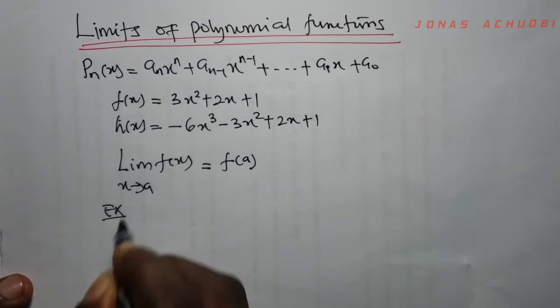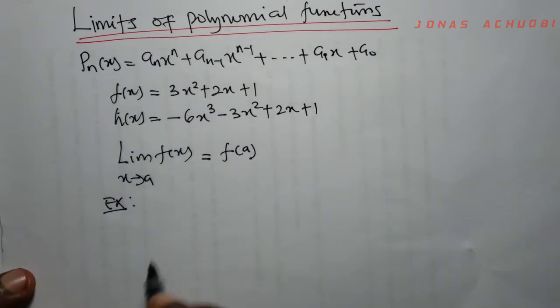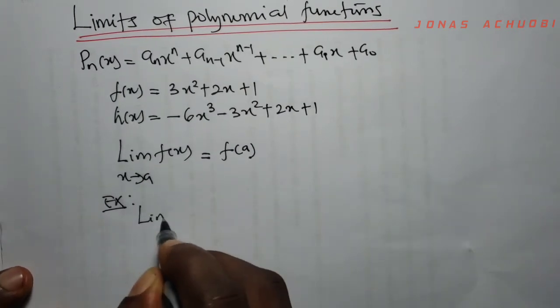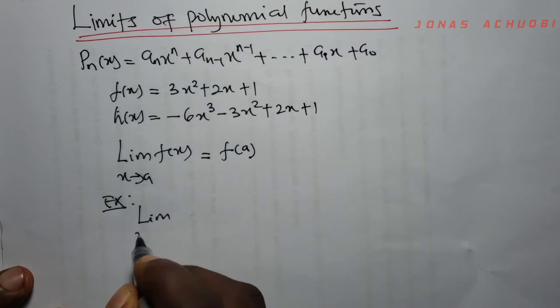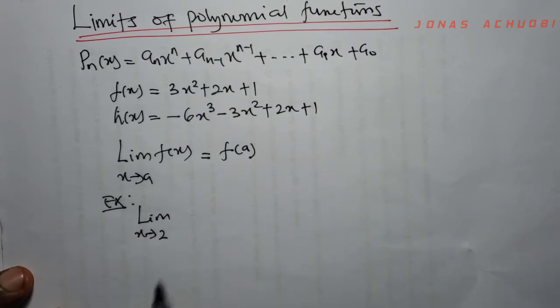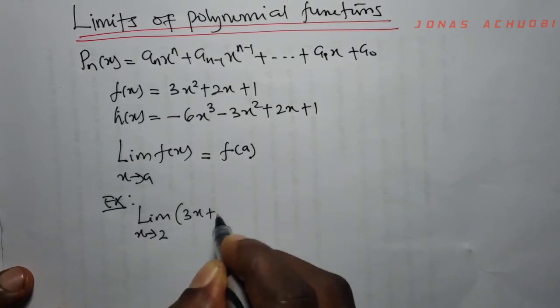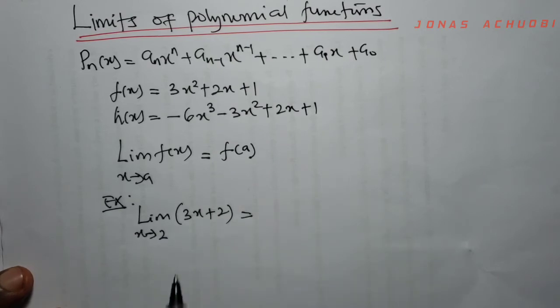Let's take an example very quickly. If we wish to evaluate the limit as x tends to 2 of the function 3x + 2, we observe that the function here, 3x + 2, is a polynomial function of degree 1. So for that, how do we evaluate the limit? We simply substitute the point 2 into the function.